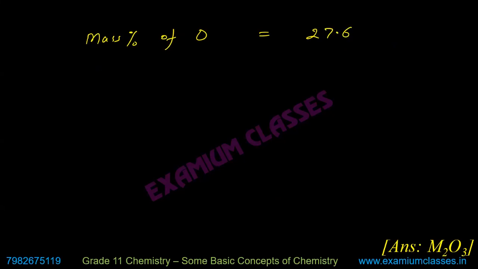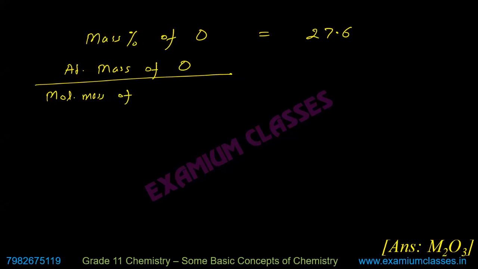And mass percent of oxygen will be, as per formula, mass of oxygen or atomic mass of oxygen divided by molar mass of compound into 100 equals 27.6. Is this clear up to here or not? I have applied the formula.